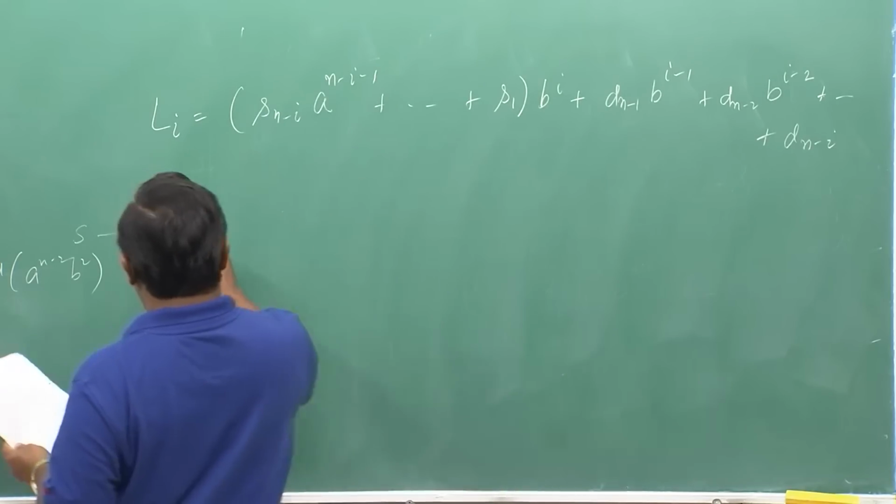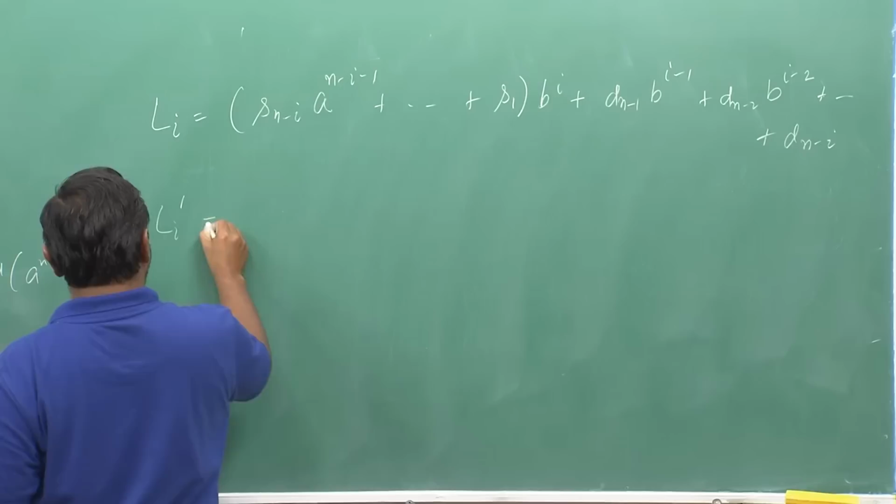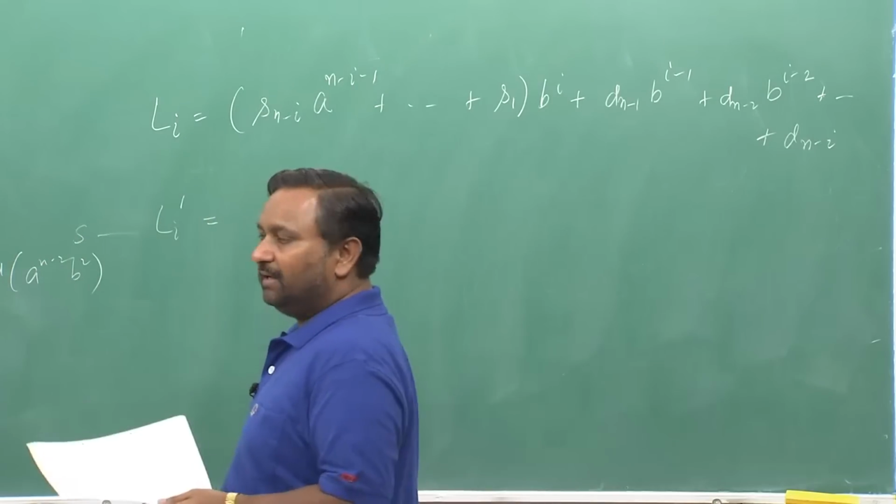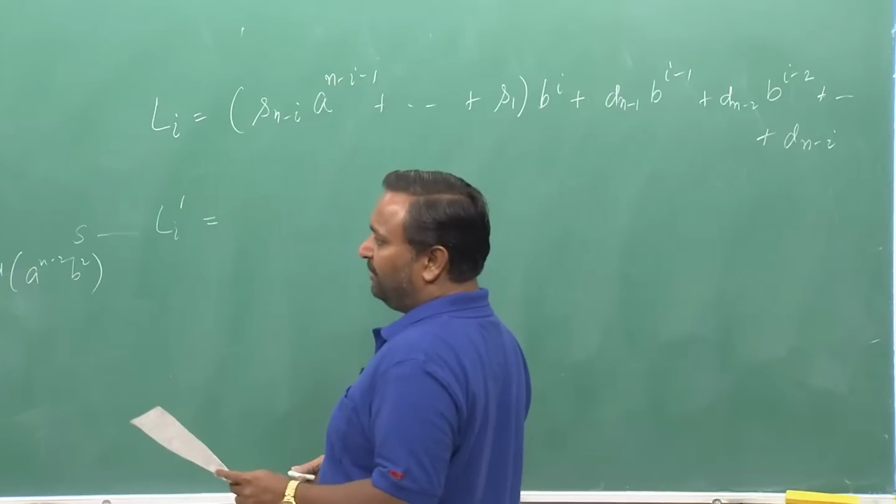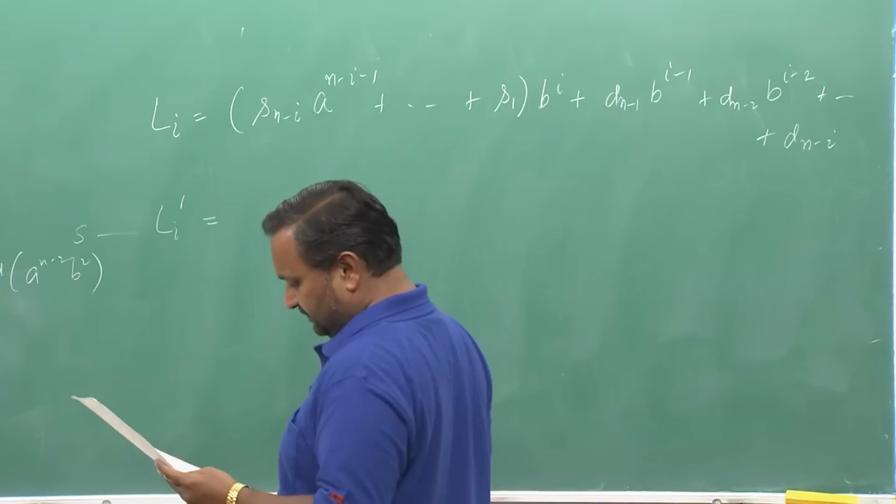So once you know this, you can always find out what is going to be Li prime using the same procedure and the same kind of conditions on the maximum values of S and D's.